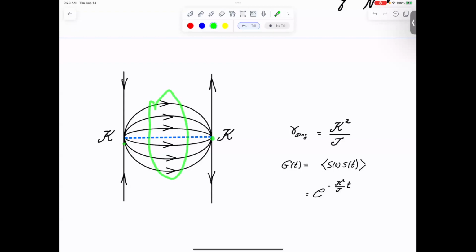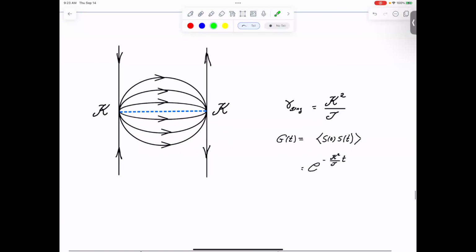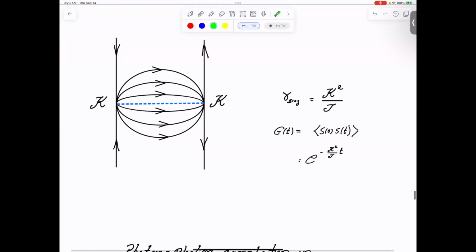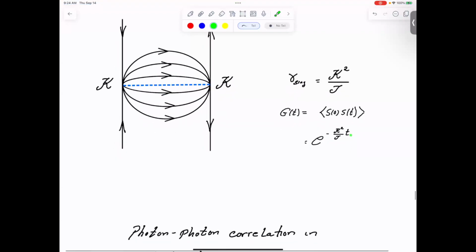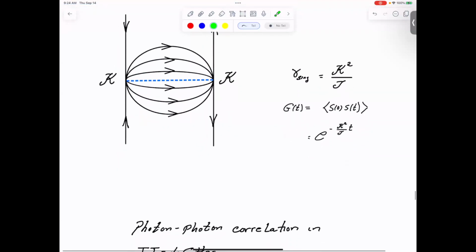The melon has to be integrated over time, and integrating it over time gives us an extra 1 over J. I promise you that's correct. So the answer is K squared over J. This is the decay rate for the singlet in the presence of the symmetry breaking. G of t, meaning the correlation function of S of 0, is e to the minus K squared over J times t with this particular symmetry breaking.